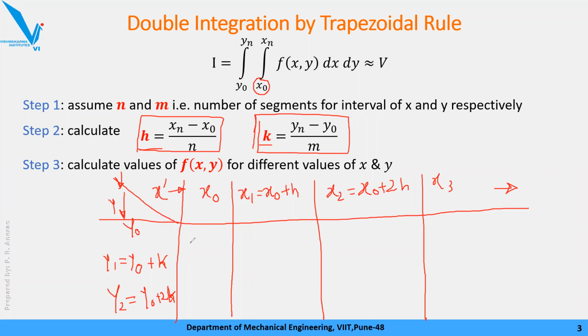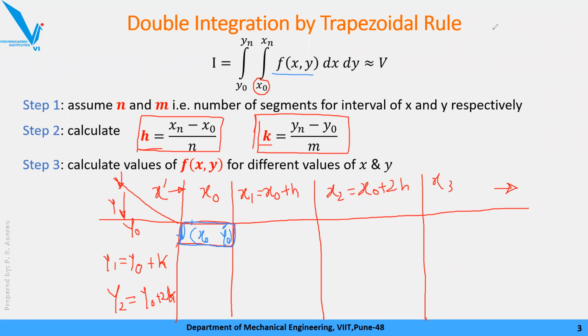Now we are going to fill the table. अब पहला बॉक्स बना लेते हैं, ये कैलकुलेट करते हैं. I'll change the color for that. Okay, so if I need to calculate the first element from that table, this element belongs to which variable numbers? X0 and Y0, right? So row number 1, column number 1, X0 and Y0. Okay, so this X0 and Y0 we are going to put in the given function.